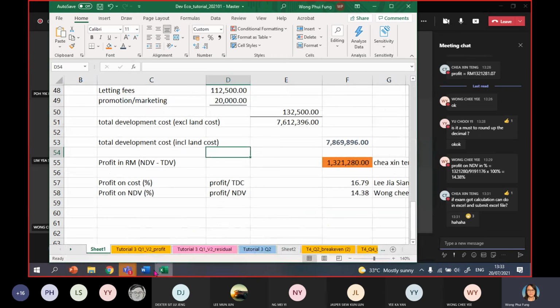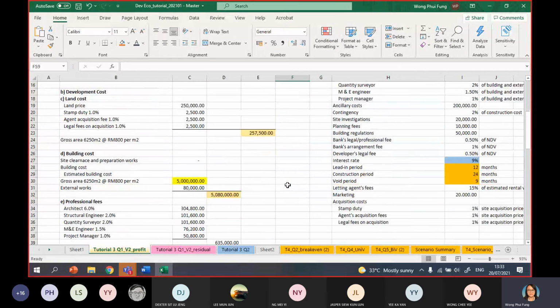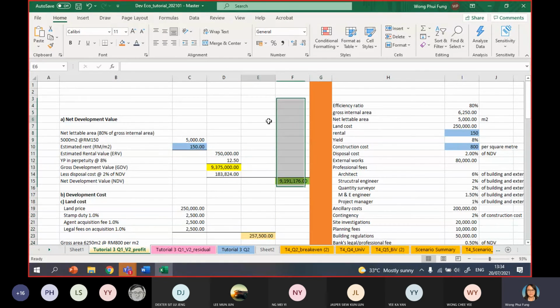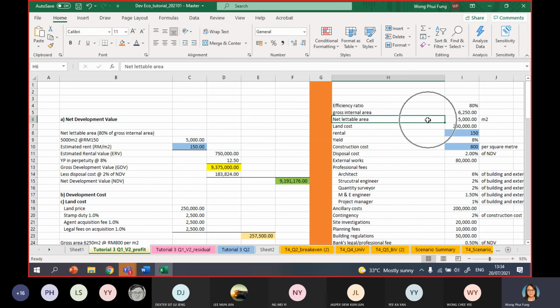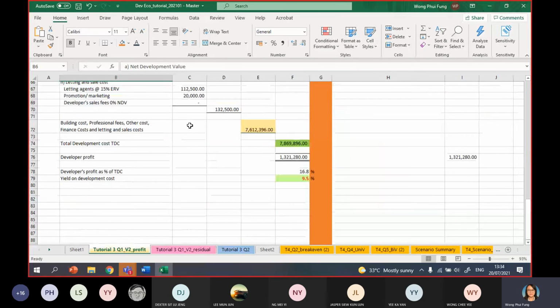There are some rules that you have to follow. This will be the Excel format. I normally ask the student to divide it into left and right. Can you see? Left and right. Left is for you to prepare the appraisal in a complete format.